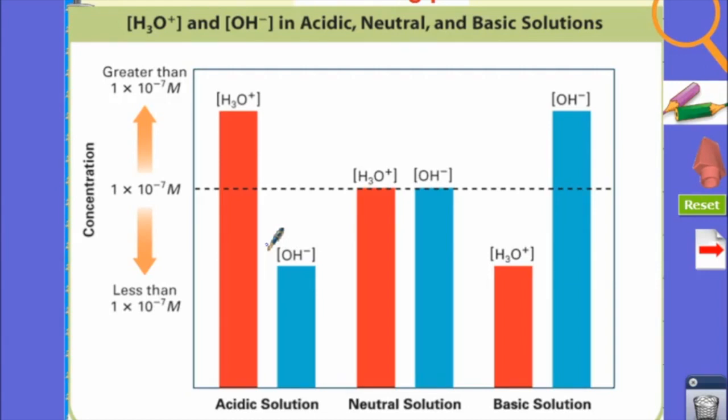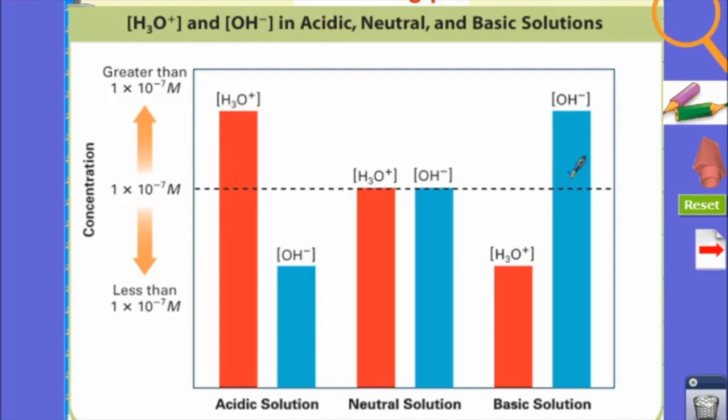If the concentration of hydronium ion equal the concentration of hydroxide ion, the solution is neutral. If the concentration of hydroxide ion is greater than the concentration of hydronium ion, the solution is basic.